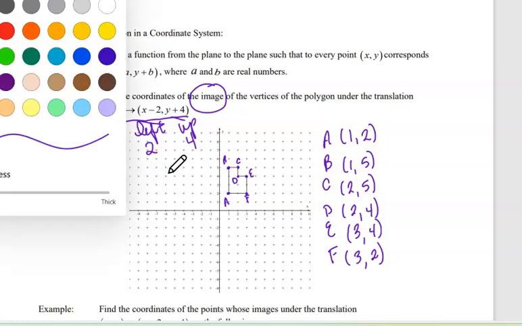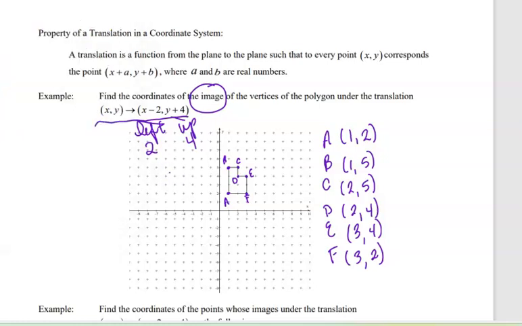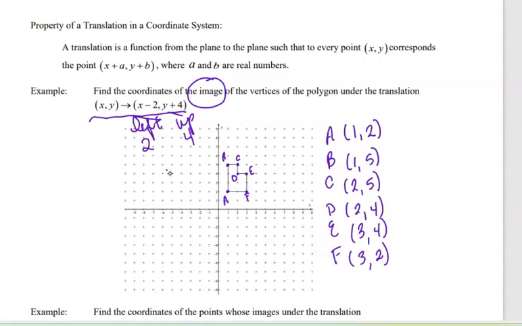And then I'm going to switch to a different color to find my image. So let's take every one of these points, all 6 of these points, and go left 2, up 4. I'm going to start with A. I'm going to go left 2, up 1, 2, 3, 4, and that is A prime. B, I'm going to again go left 2, up 1, 2, 3, 4, and that's going to be B prime.